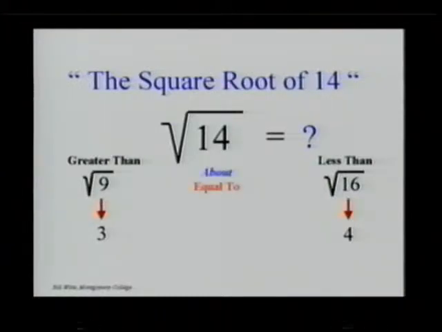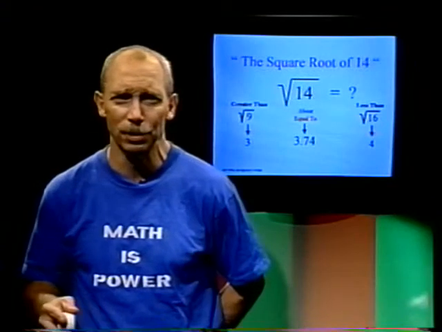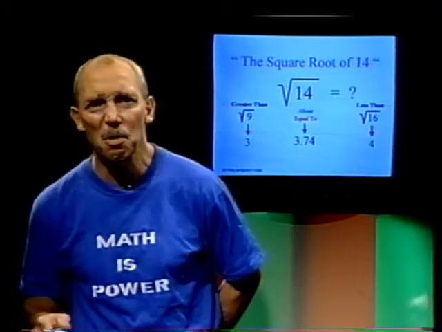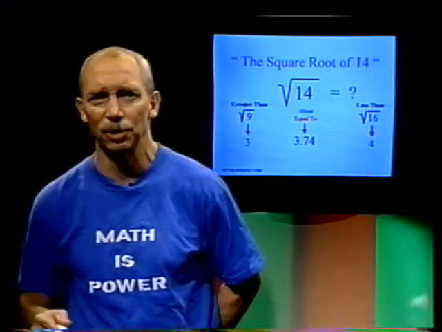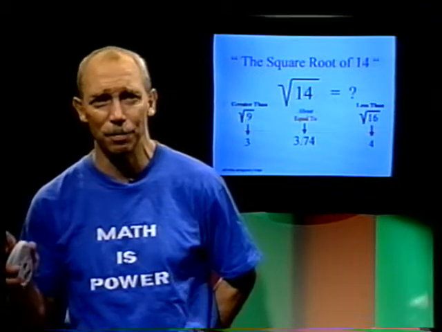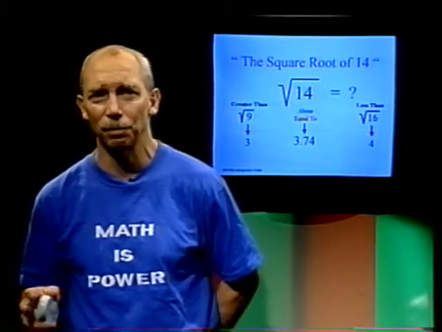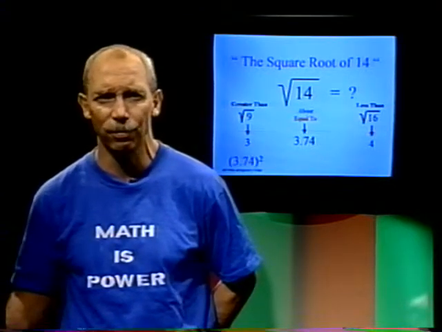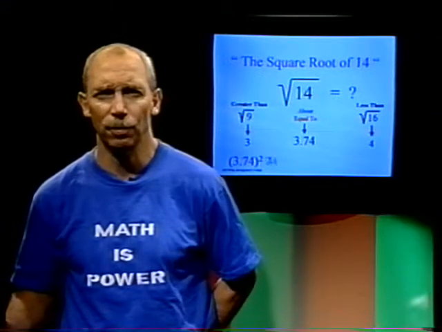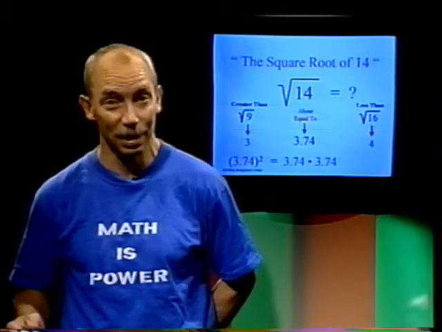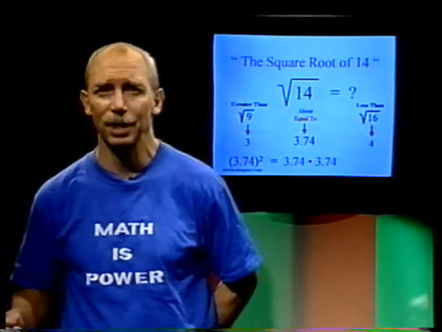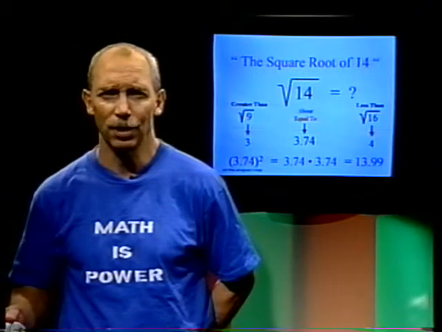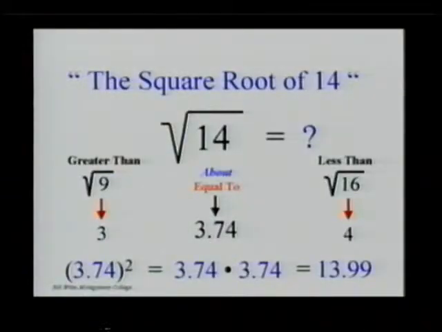Well, you know what? The square root of 14 is about 3.74. I say that it's about 3.74. It's a little bit more than 3.74, and I'm going to demonstrate that for you in a second. But the point is, if I multiply 3.74 by itself, 3.74 squared, or 3.74 times 3.74, I'm going to get a number very close to 14.